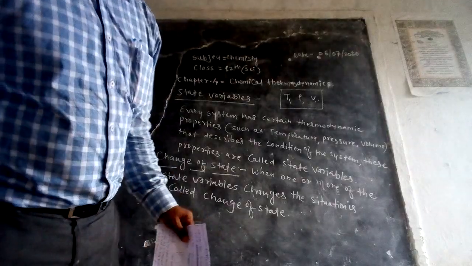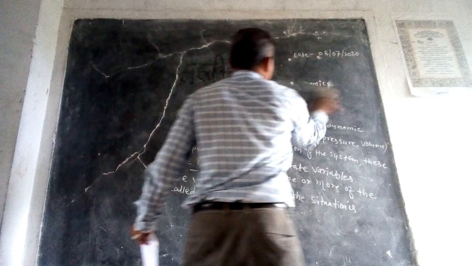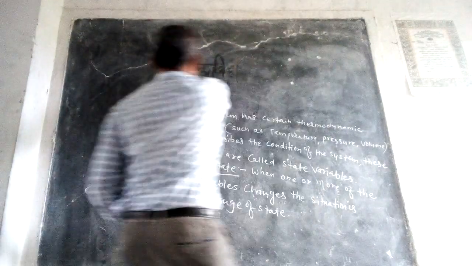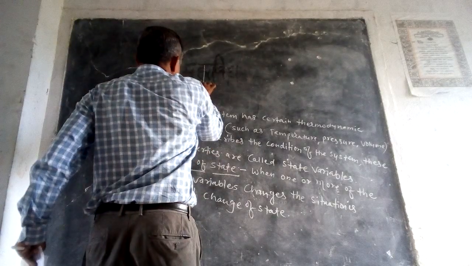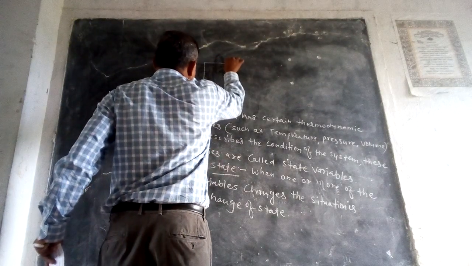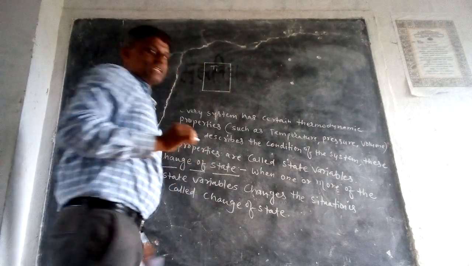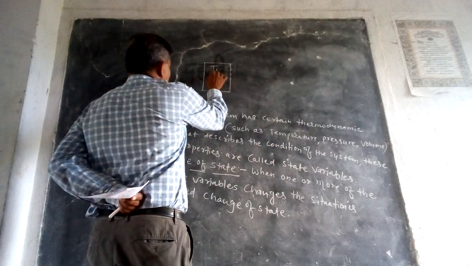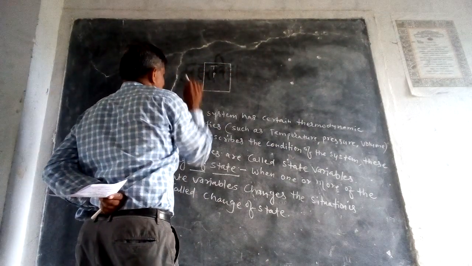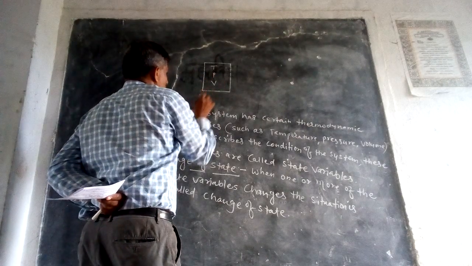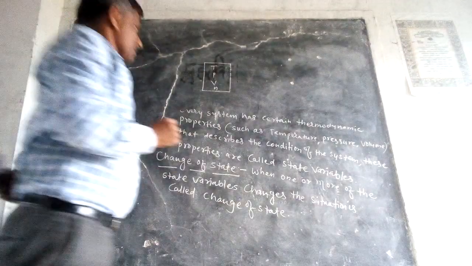Let us draw a diagram that will help you to understand better what the change of state is. Here I am writing a state with a few parameters: T, that is temperature, pressure P, volume V, and N is the amount of substance.